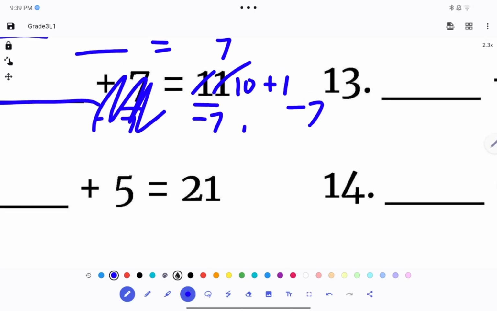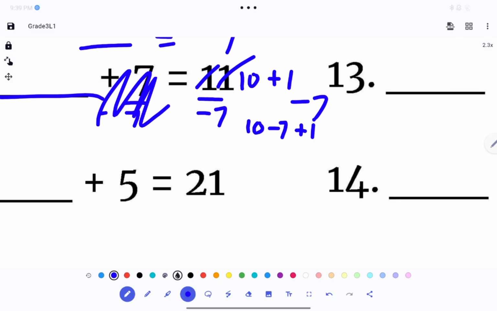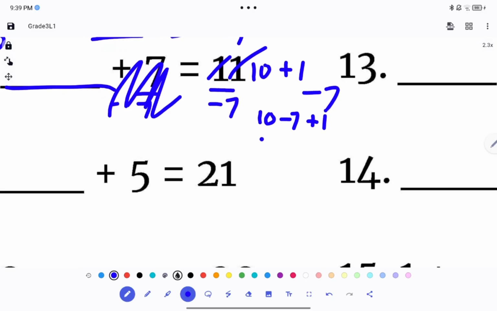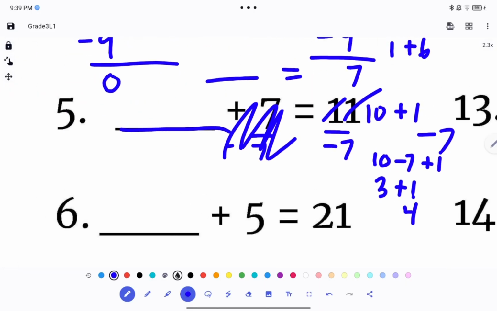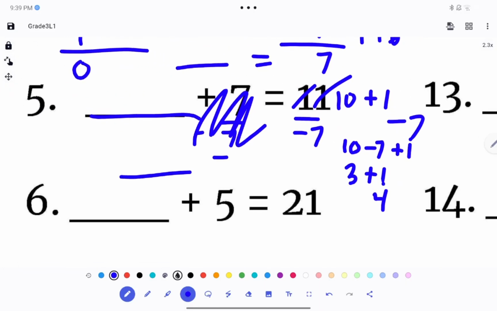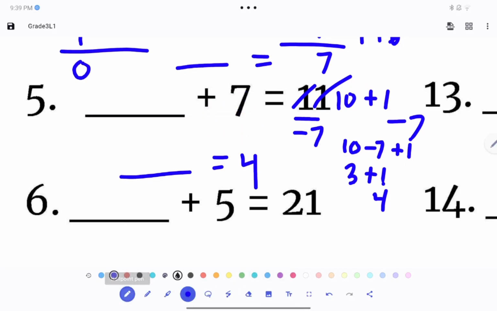And you can rephrase this as 10 minus 7 plus 1, which basically just means you have 3 plus 1, and that's equal to 4. So you get some unknown number is equal to 4. So we find that 4 plus 7 is equal to 11, which you can't really see behind the mess, but I do apologize.